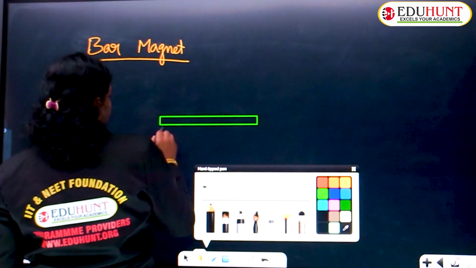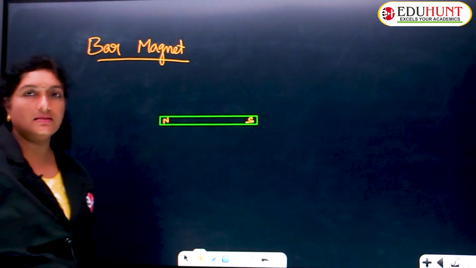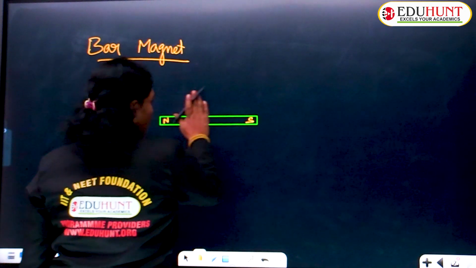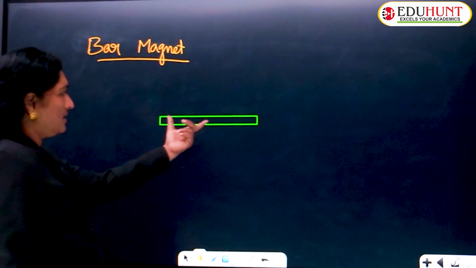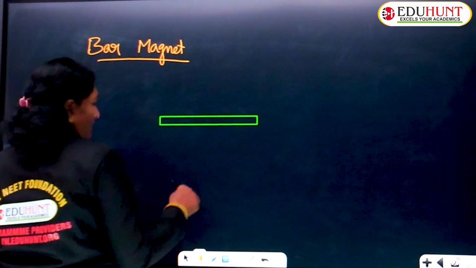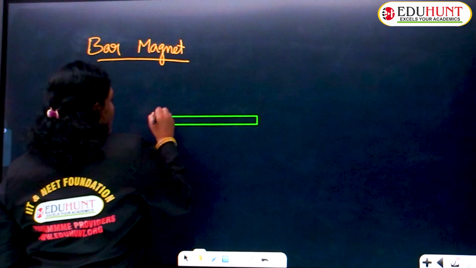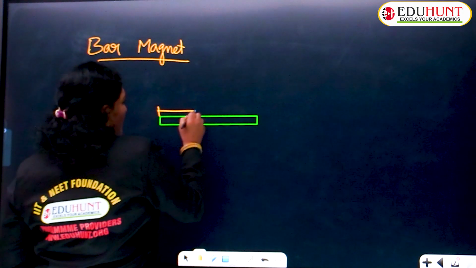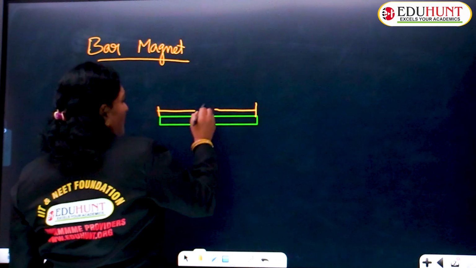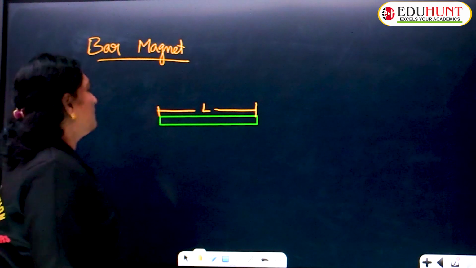No doubt, every bar magnet consists of two poles, one is the north pole and the other is the south pole. Before introducing this, first let us see: if you consider a piece of bar magnet and measure its length with the help of a scale, the length from one end of the bar magnet to the other end is called the geometric length of the bar magnet.